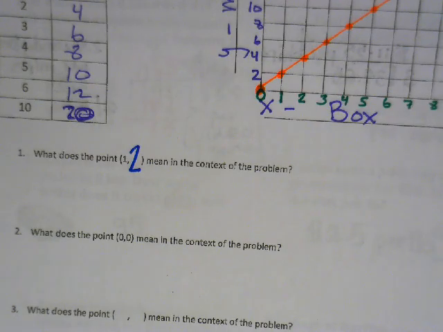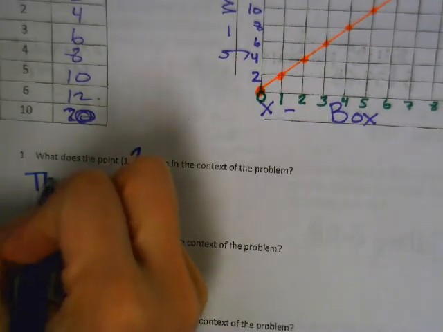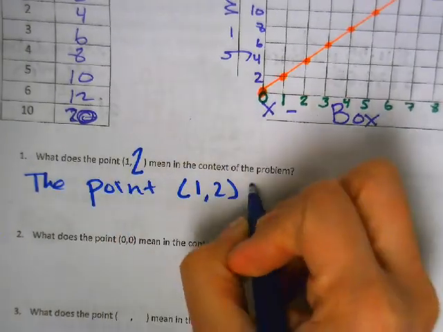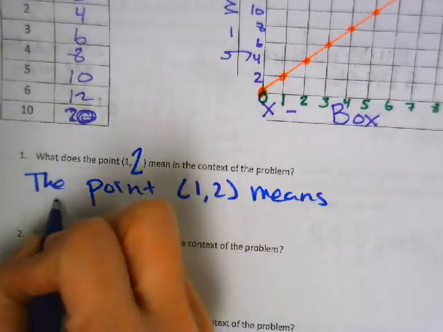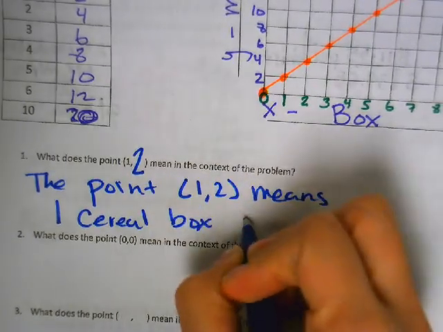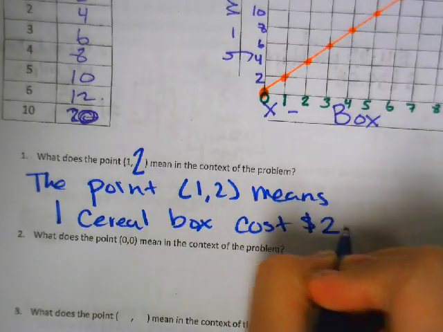Yeah. So when you're taking an SBAC or a MAP, you have to literally type in that the point 1 comma 2 means that 1 box costs $2. You type that in, and that's what they give you credit for. So the point 1 comma 2 means 1 cereal box costs $2.